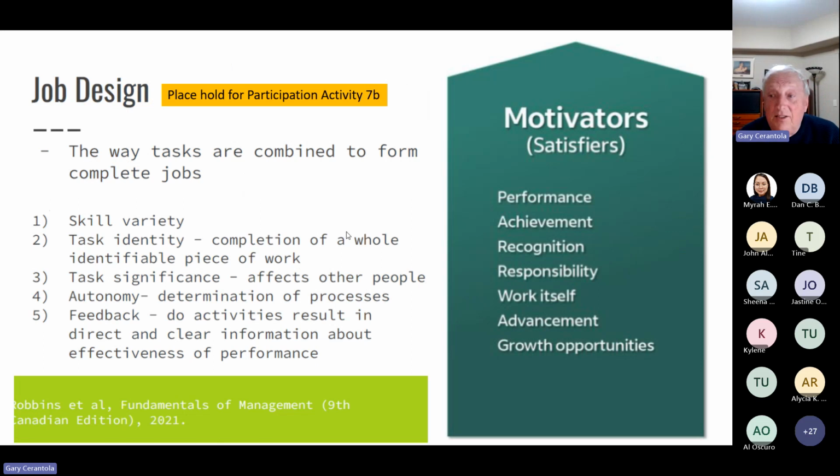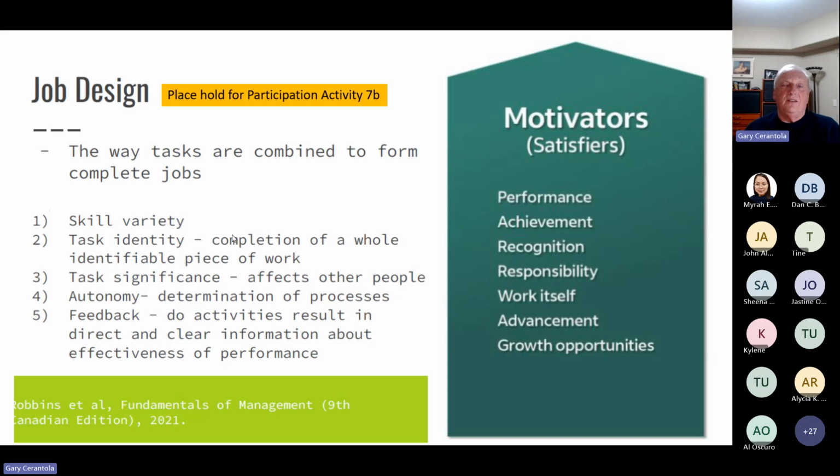Okay, and so now this gets back to designing the job in activity 7B, in terms of the motivators, and think about the hygiene factors as well. So when you're doing that, here's one: the tasks are combined, so is there skill variety that keeps people engaged? Is there task identity, so they can see that they've accomplished something?